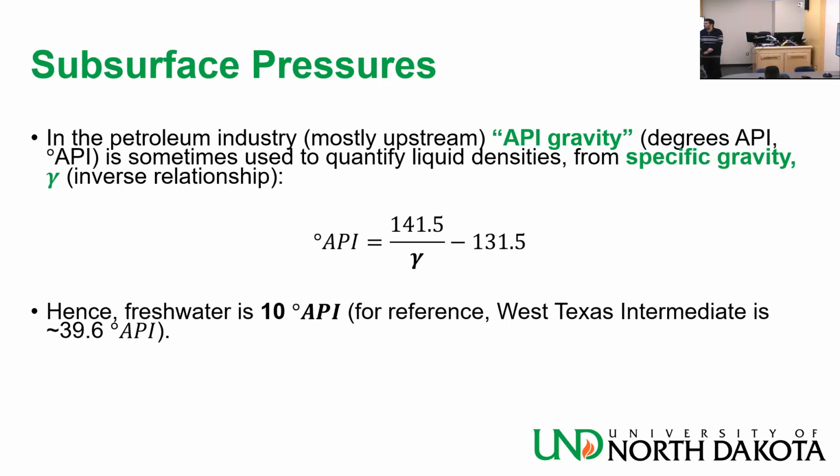What gamma are you going to see? Very big. So big gamma, small degrees API. The other way around, okay? Don't get confused. What if it's a light oil? Very high API, low specific gravity. For reference, West Texas Intermediate is roughly 39.6, about 40 API gravity.